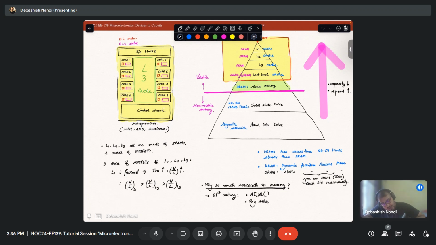You need to train the NNs or neural networks. Then big data, for example, real time monitoring. Then you need to have, let's say, video streaming.